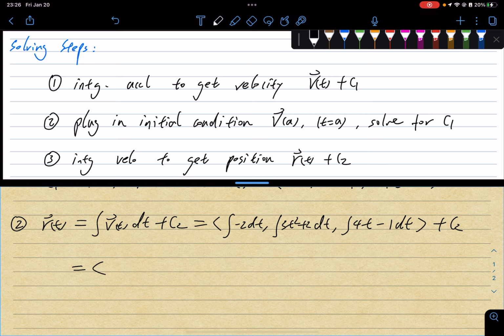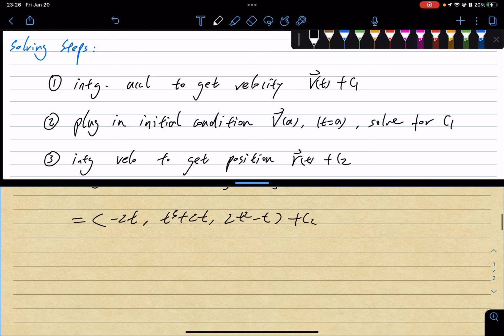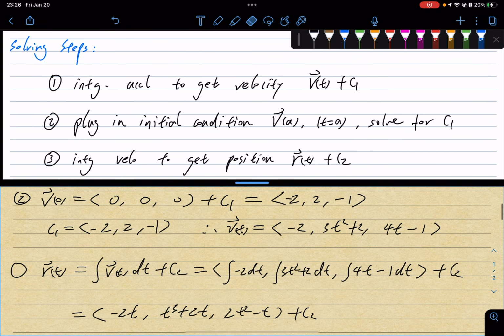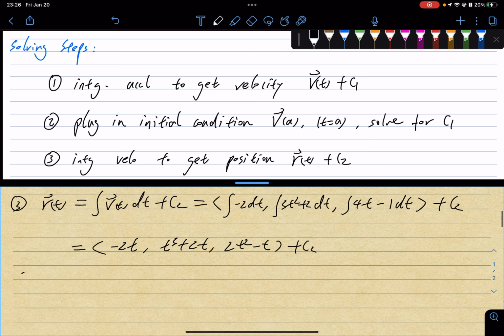We're going to evaluate the integral: negative 2t cubed plus 2t, and then 2t squared minus t plus c2. That's step 3. And then step 4.